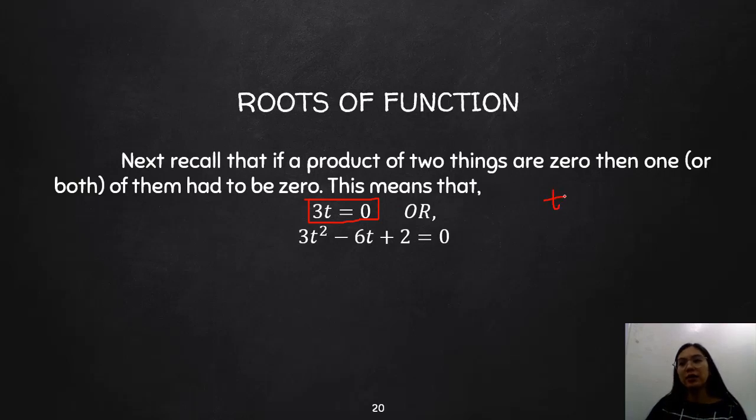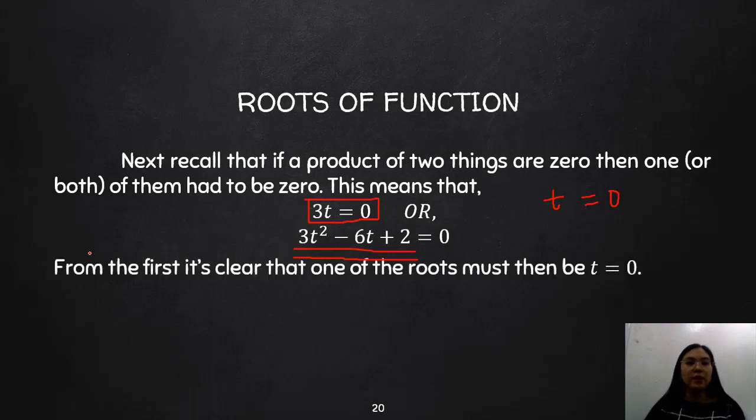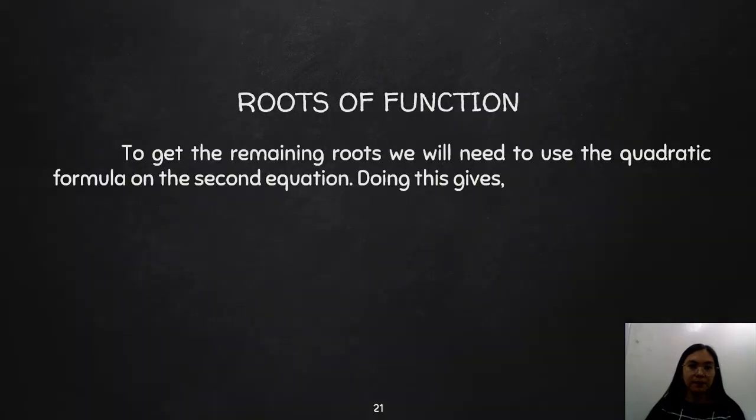So you get a value of t equal to 0 such that if t is equal to 0, the function is equivalent to 0. So another one, ito naman yung ating, we get the roots of this particular equation. So from the first, it's clear that one of the roots then must be t is equal to 0. That's what I mentioned earlier.